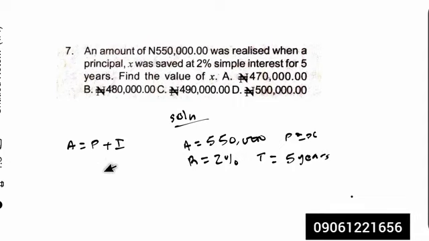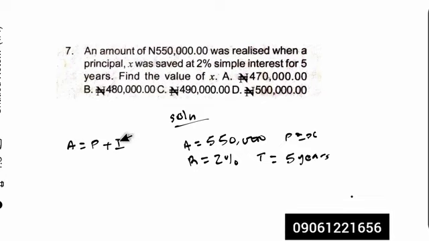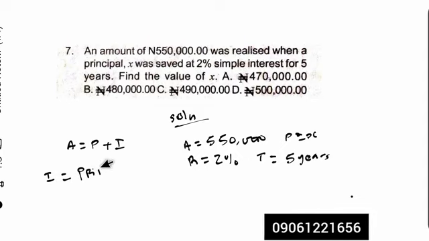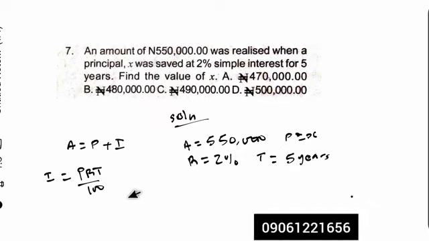Now we have this data on the ground, so how do we put it in? Amount is equal to principal plus interest, and for simple interest, interest is equal to the principal multiplied by the rate multiplied by the time, over 100. That is the formula for interest.